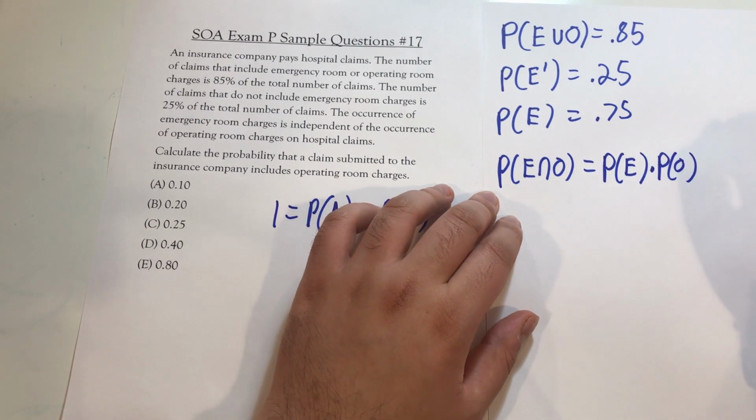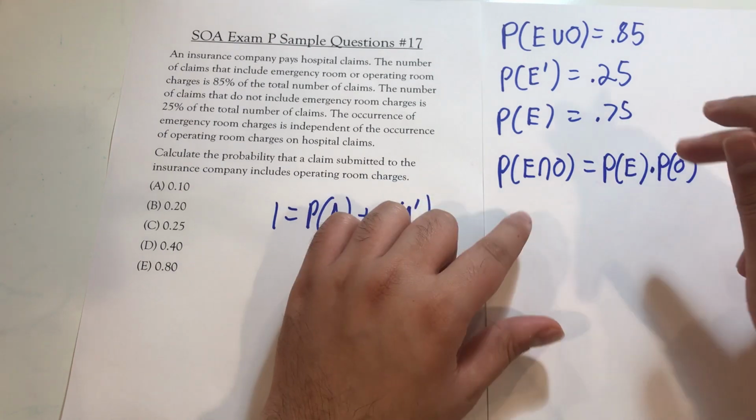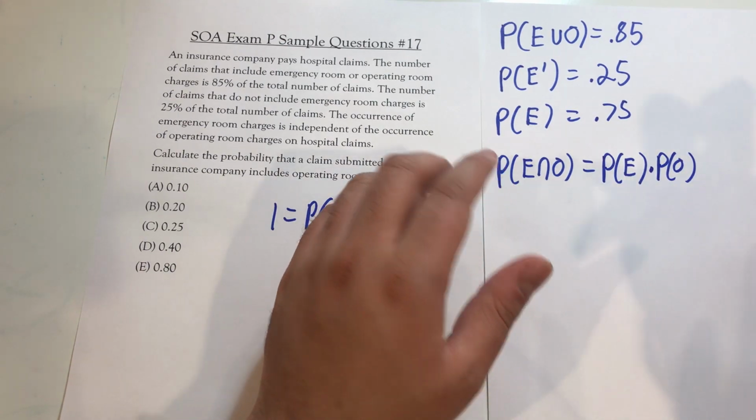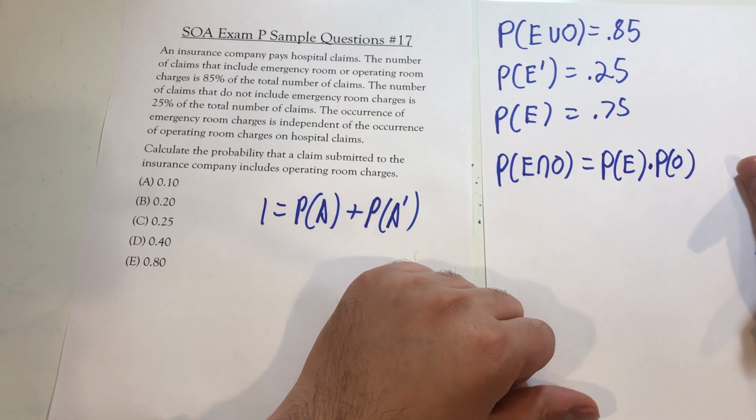So when two events are independent, the intersection of those events is equal to the product of the individual probabilities of those events happening.